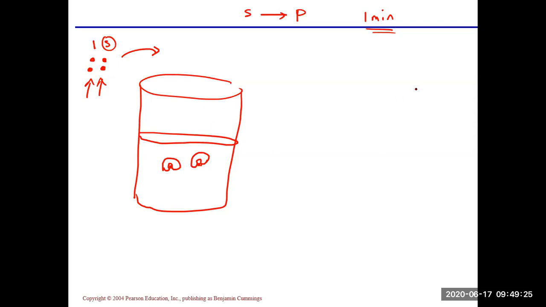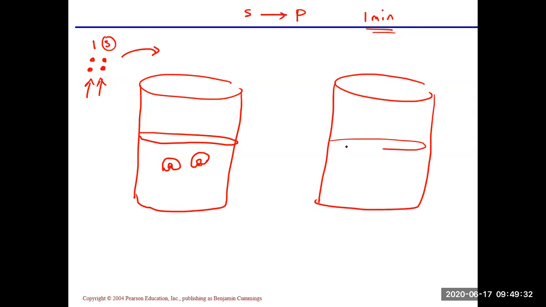Let's look at another scenario. In this case, you have a set number of substrate. Let's say you have 10. But this time you're adding the enzyme. So if you're adding the enzyme in there, it takes 1 minute, all right, for each one to do this. So there are 10 of these, it would take 10 minutes, and then completely you're making the product that you need to.